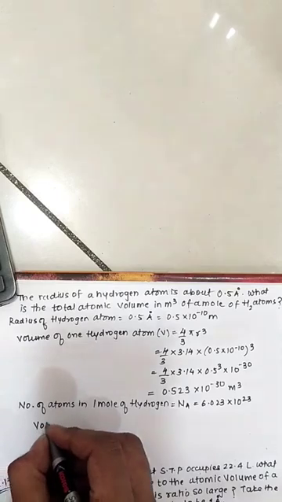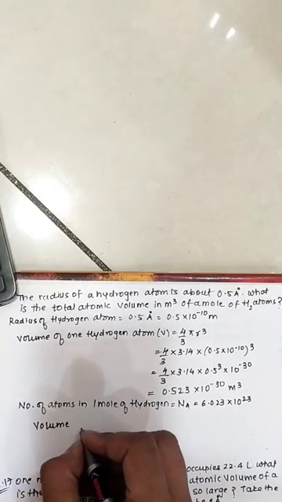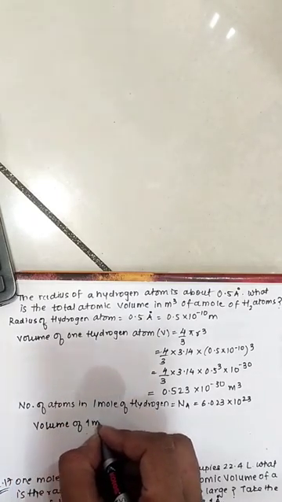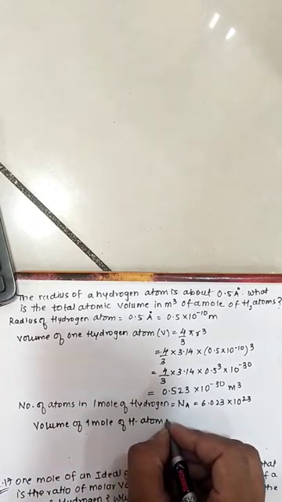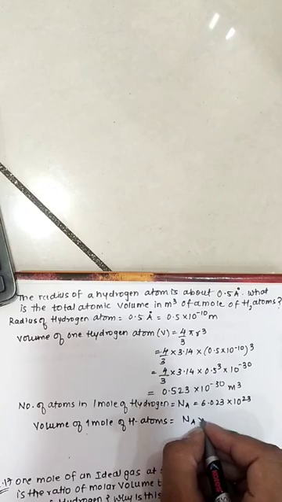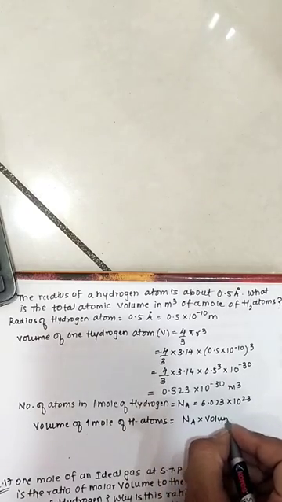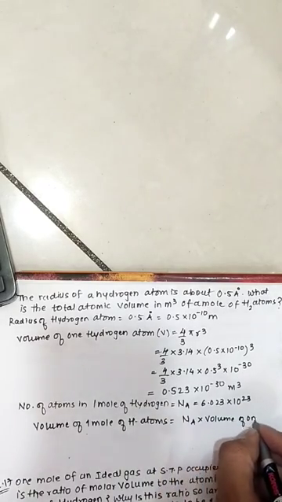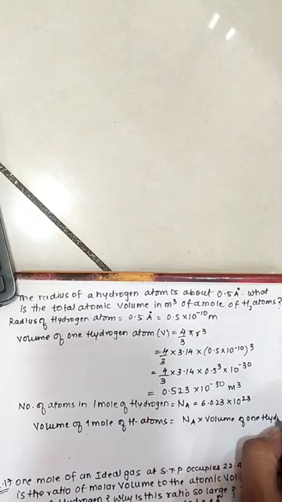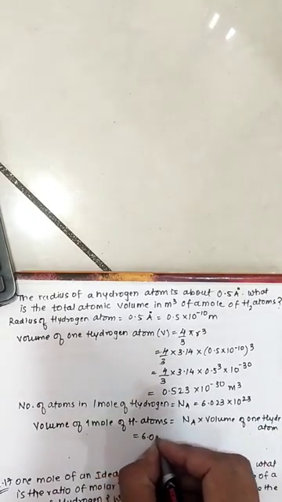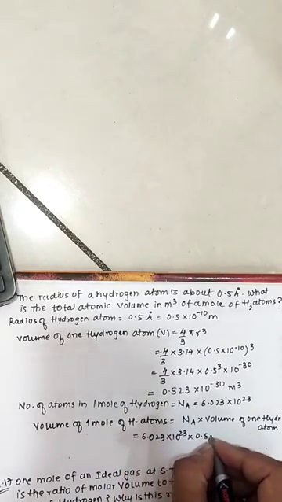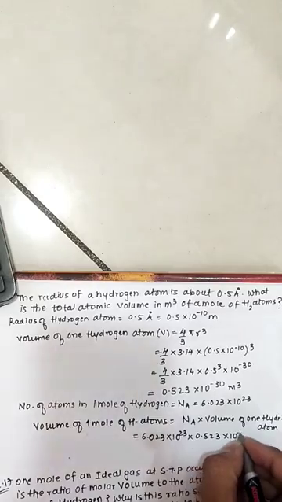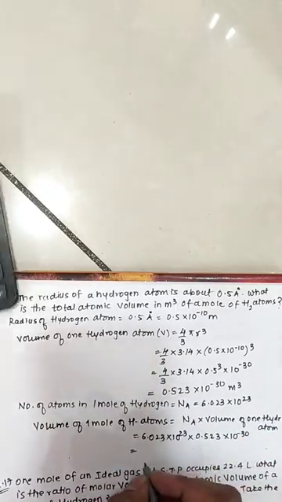So therefore the volume of 1 mole of hydrogen atoms is simply equal to Na into the volume of one hydrogen atom. So I can get 6.023 into 10 power 23, 0.523 into 10 power minus 30.